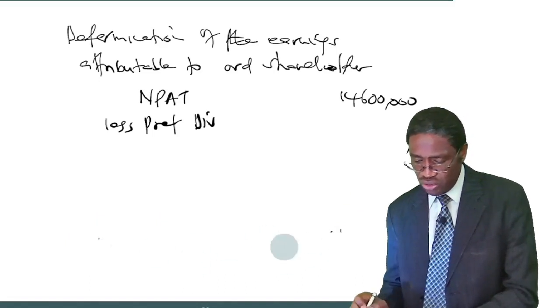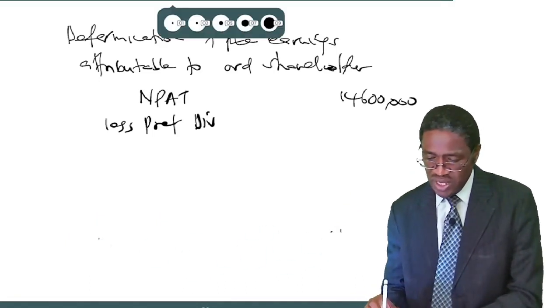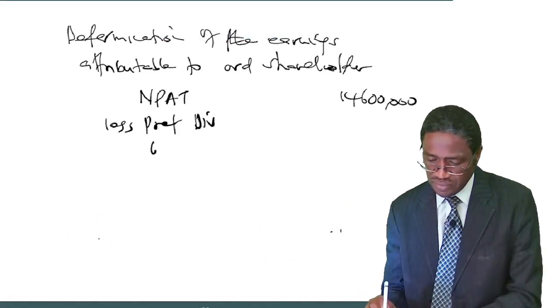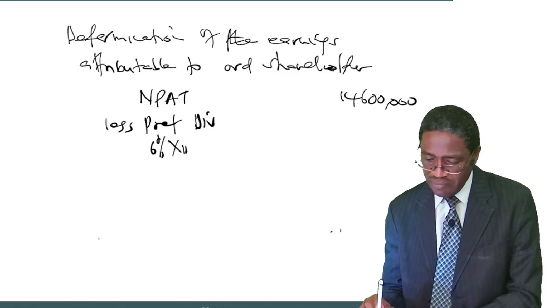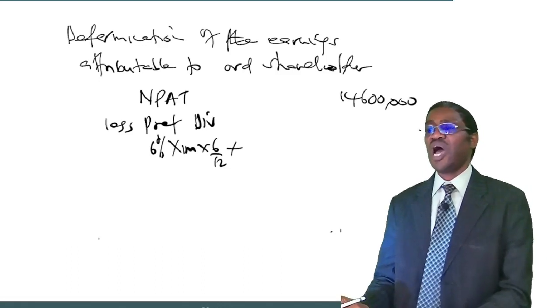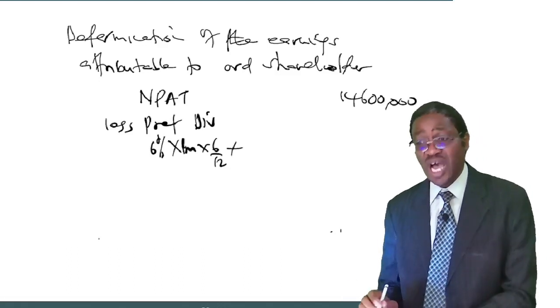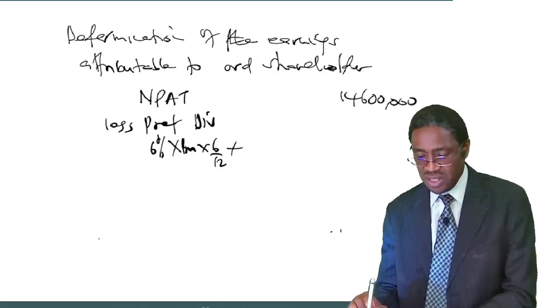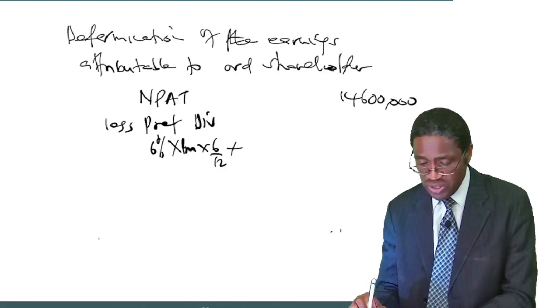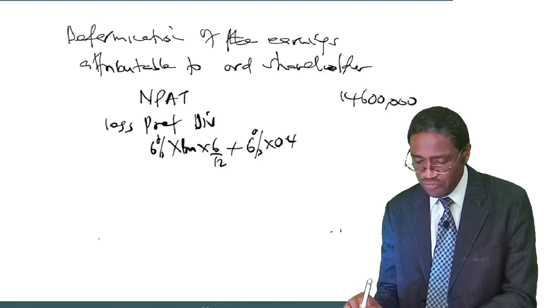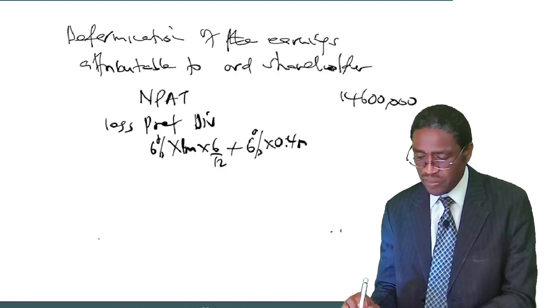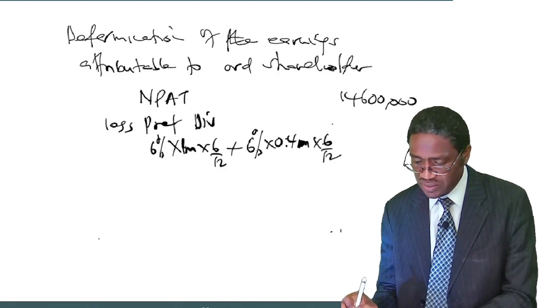What is the total? We are saying 6% of 1M times 6/12, plus, after 6 months, we remain with 0.4M, so that will be 6% of 0.4M for another 6 months.